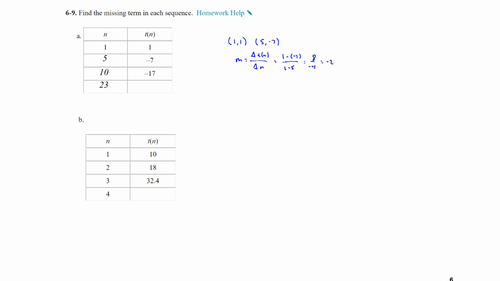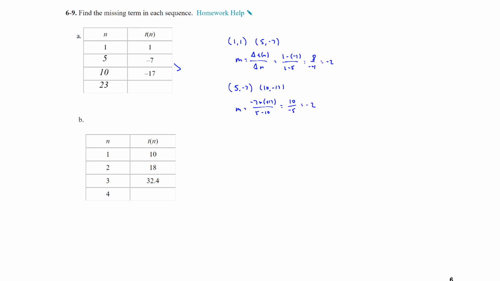Okay? Now, is that same thing going to occur between these two? Well, we're going to take the points (5, -7) and (10, -17), and your rate of change would be -7 minus -17 divided by 5 minus 10, and then this would be 10, because this would be plus, divided by -5, which is -2.